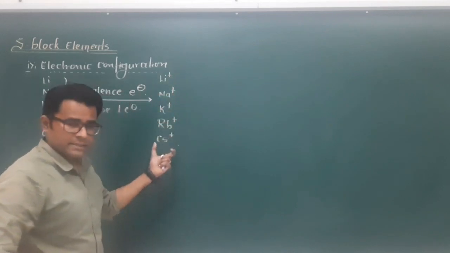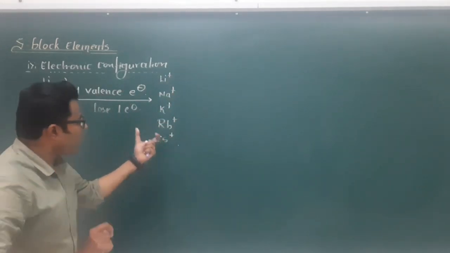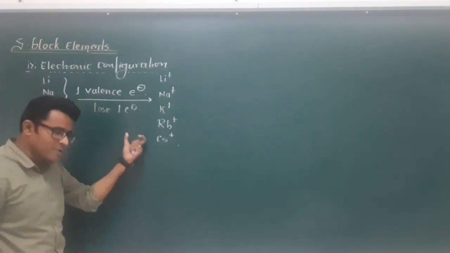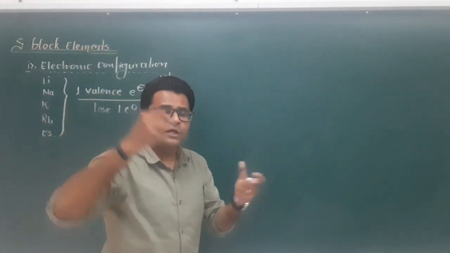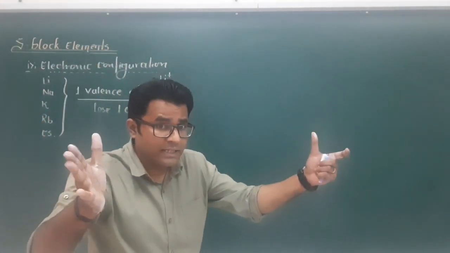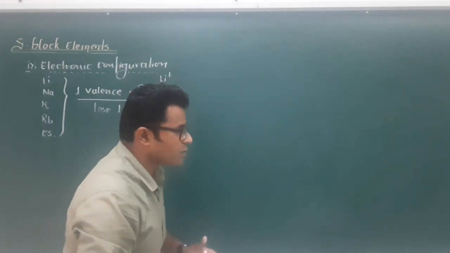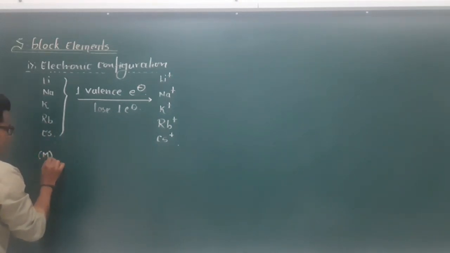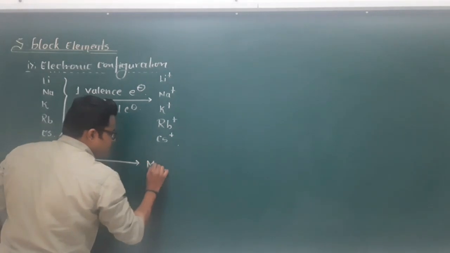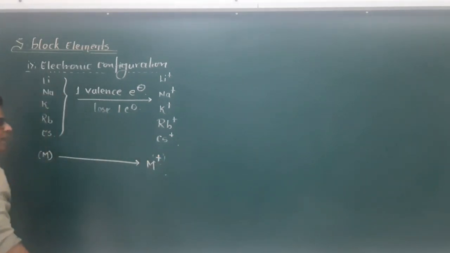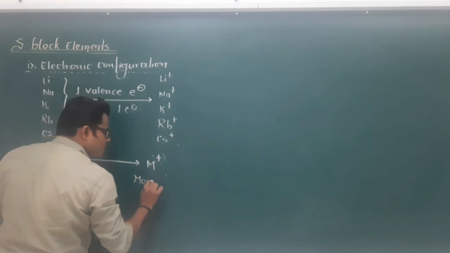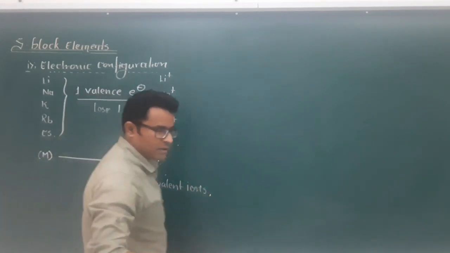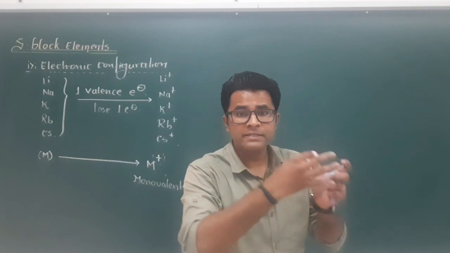Now these monovalent ions are smaller in size compared to the parent atom, because it has lost the electron, the number of protons has increased, nuclear charge has increased, and therefore the size of the atom shrinks. So all these ions, formed by loss of one electron from the parent atom, we call monovalent ions.